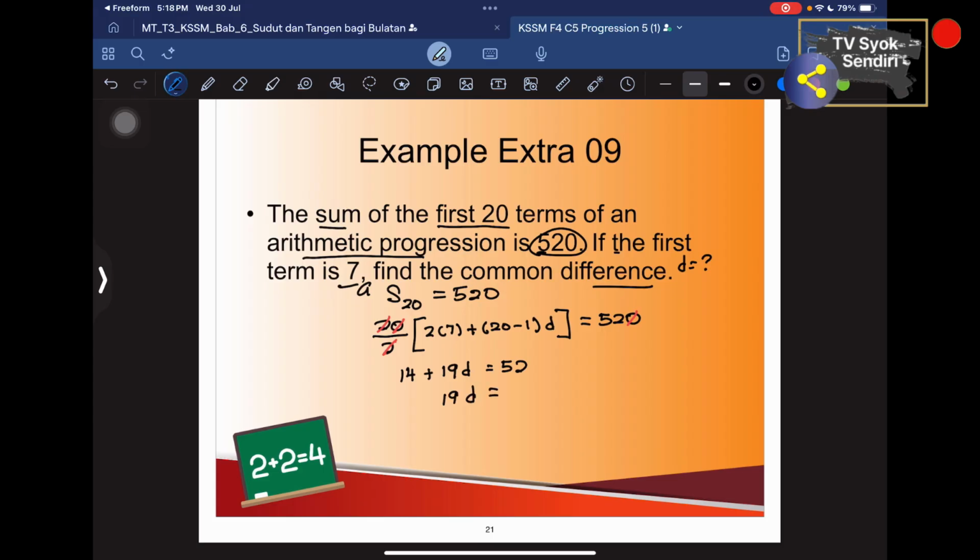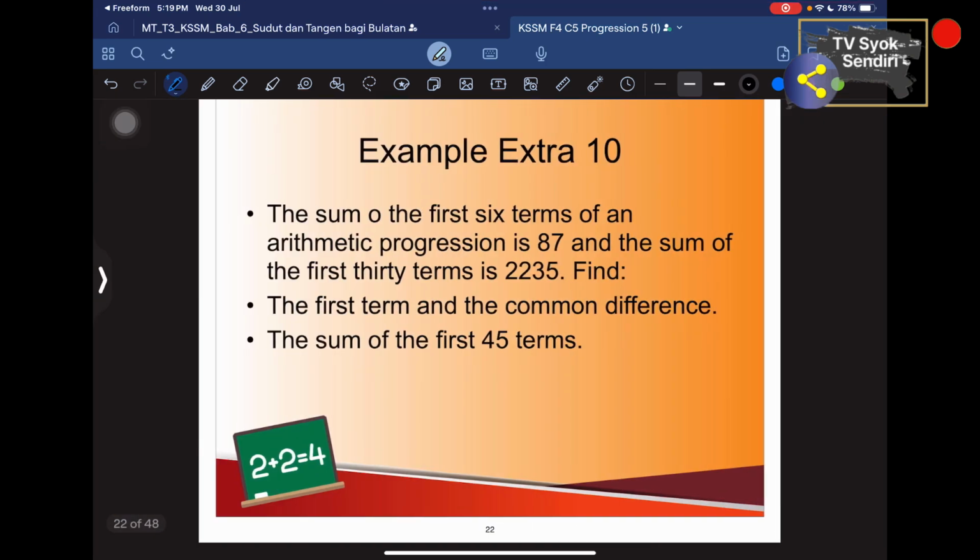So now my 19d is 52 minus 14, that is 38. So my d is equal to 2. 38 divided by 19, that's how I get my 2. You just need to play around with your formula, then you will be able to solve your question.